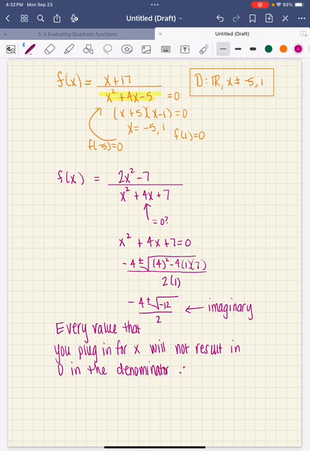Therefore, the domain is going to be all real numbers.